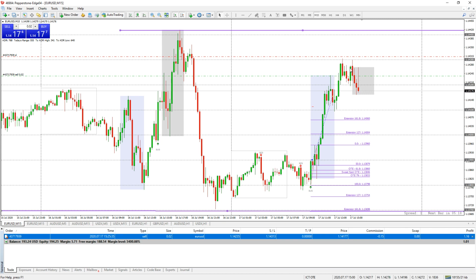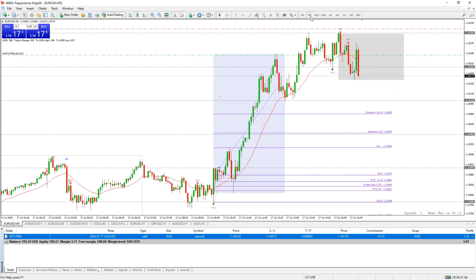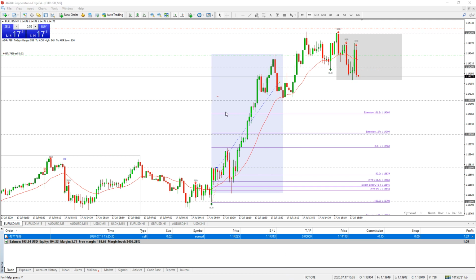If you get a sell signal here, but you are low in the charts, then that's not a very good thing to do, right?